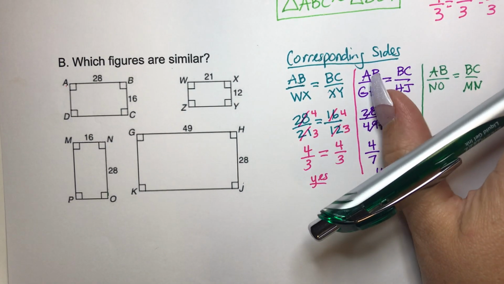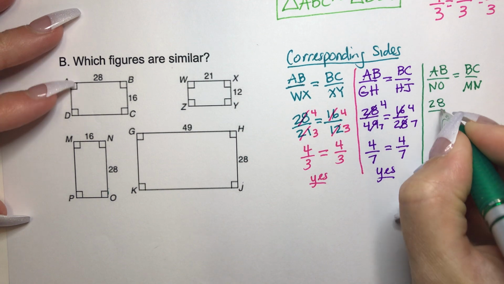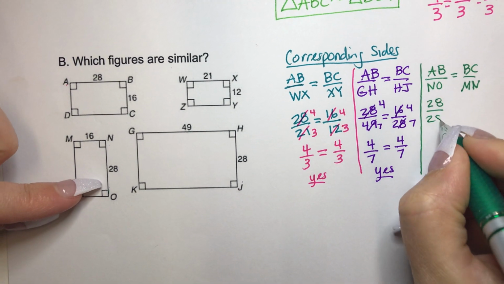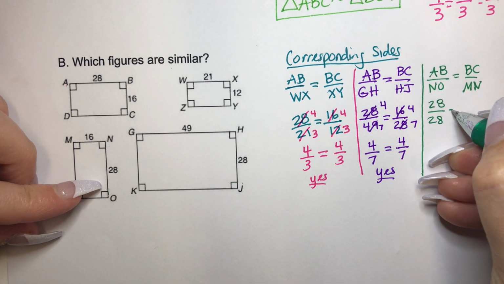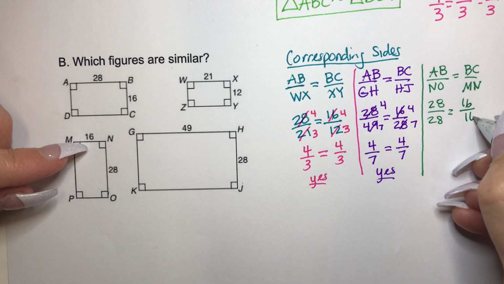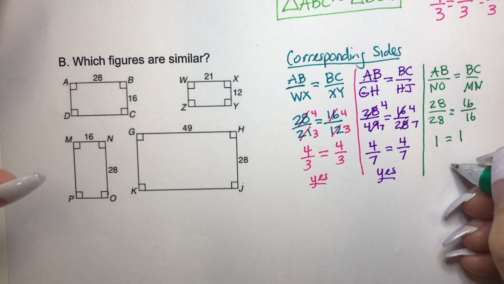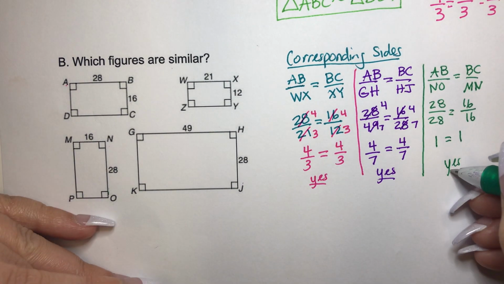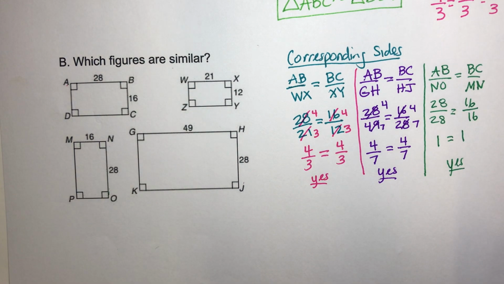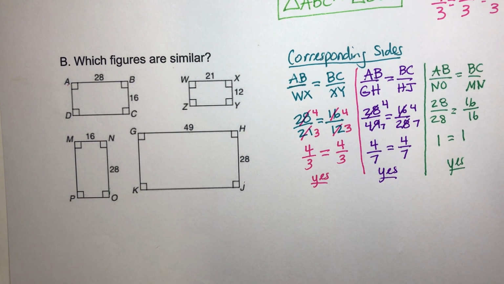Okay, so AB is 28, NO is 28, BC is 16, and MN is 16. So 28 divided by 28 is 1, 16 divided by 16 is 1, so yes. Okay, this means they're all similar to each other, right? So since this is similar to this, and this rectangle is similar to this rectangle, they're all similar to each other.